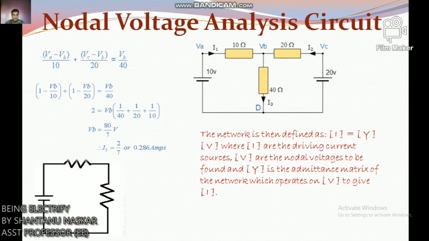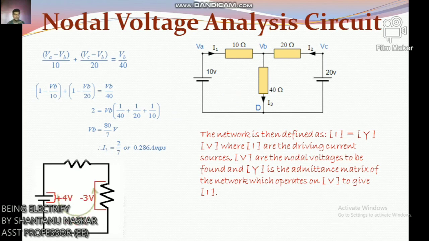Of both the mesh and nodal analysis methods we have looked at so far, this is the simplest method of solving this particular circuit. Generally, nodal voltage analysis is more appropriate when there are a large number of current sources around.